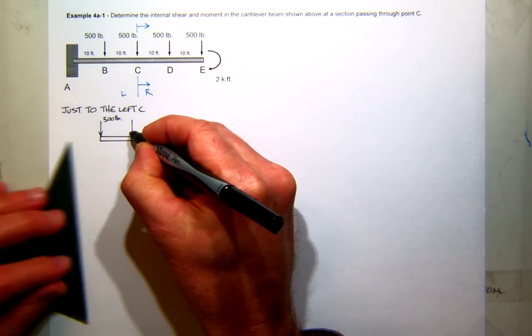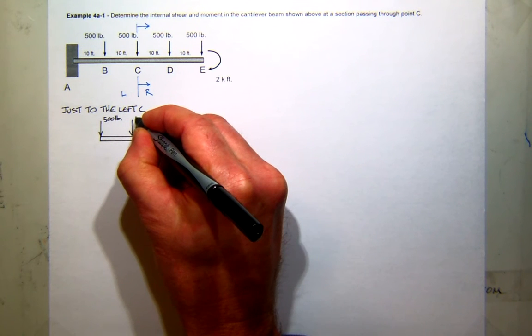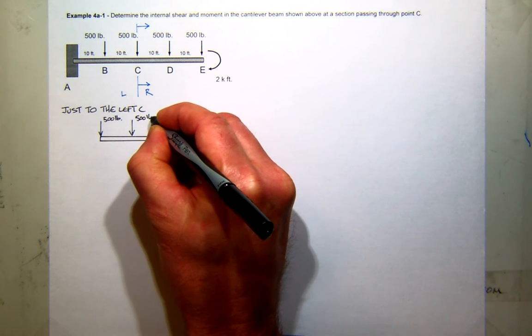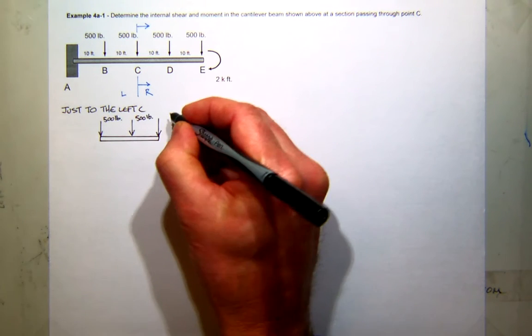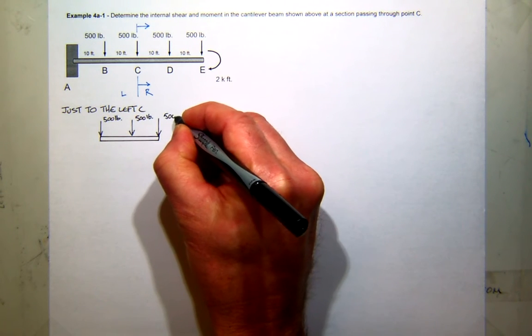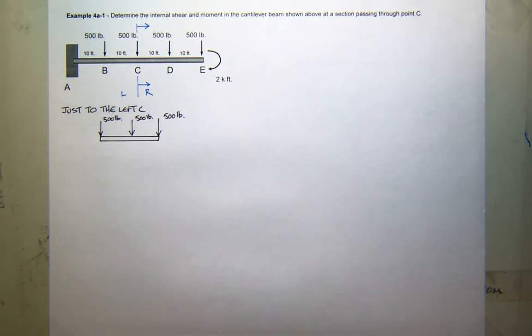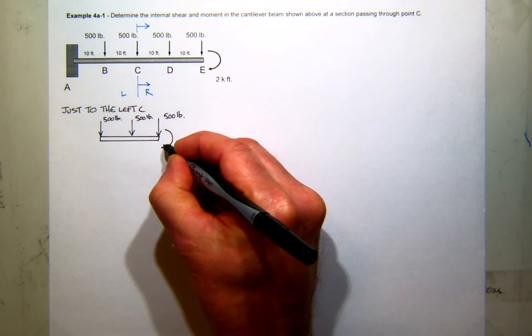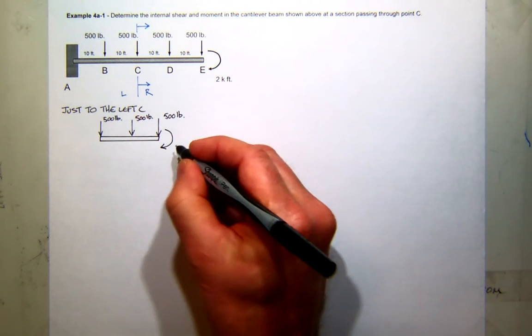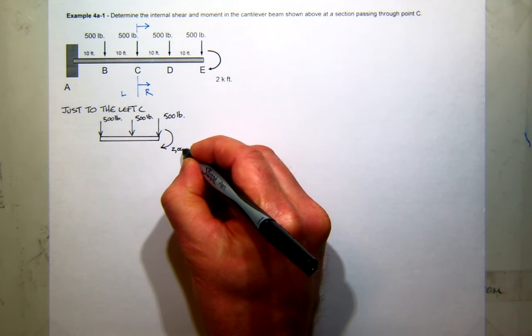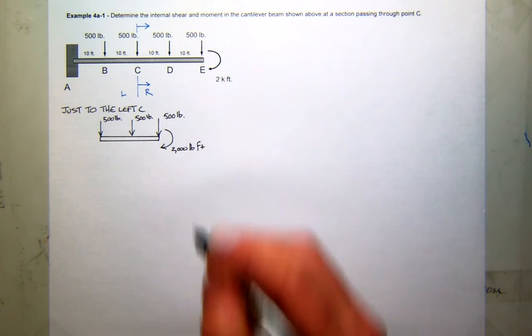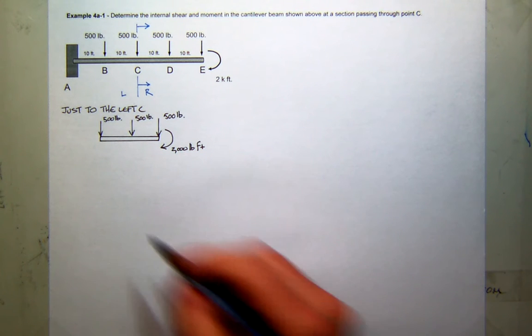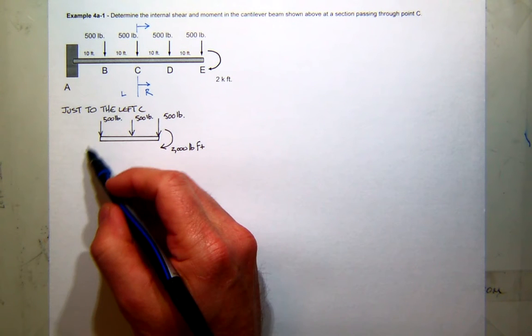And then I have the next one at point D, and then I have the last one at the cantilever. And of course, on the free end I have an applied couple. It's 2 kips per foot. I'm going to change that to 2,000 pound-feet.